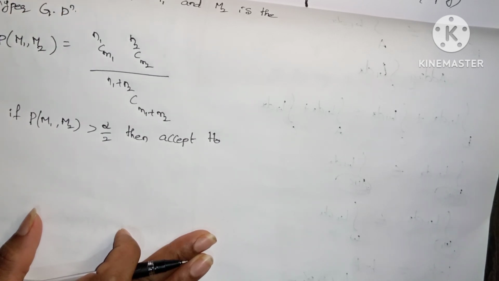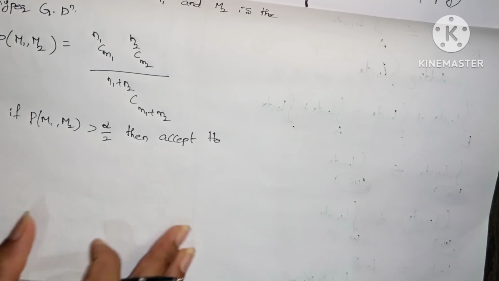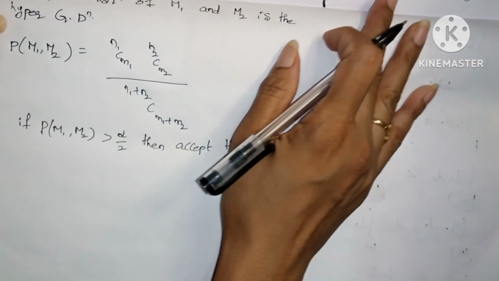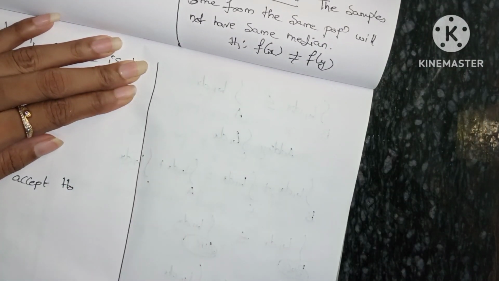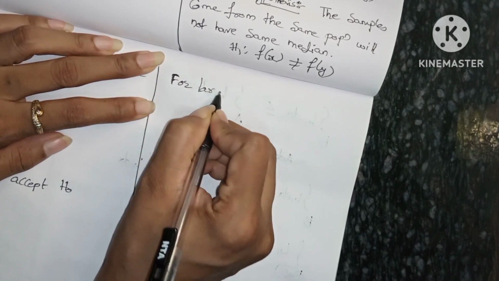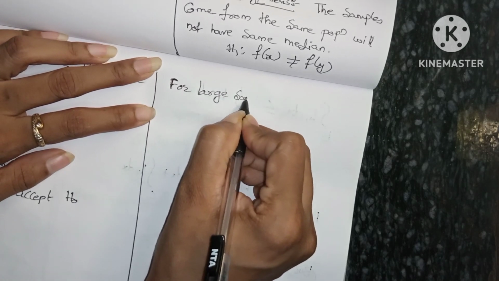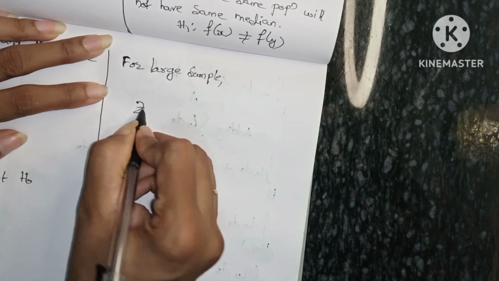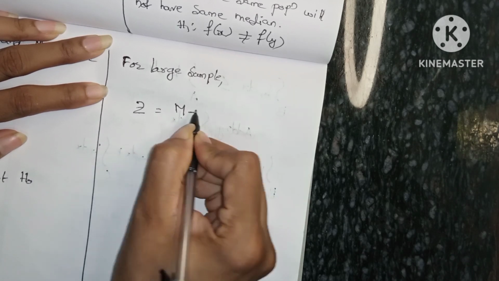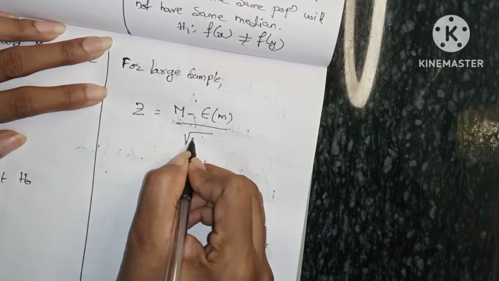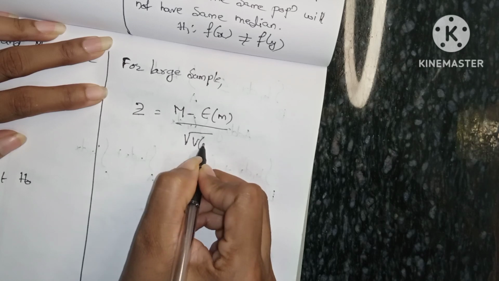If it is a large sample, what is the formula? A large sample always follows the normal distribution. In order to test the median, for a large sample, Z equals m minus expectation of m by the square root of variance of m.